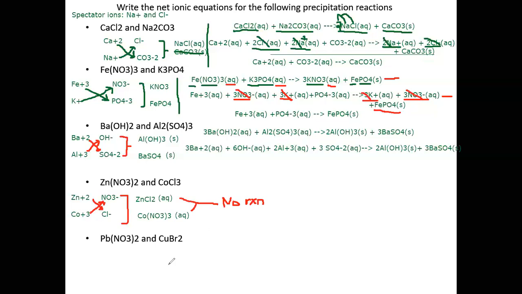Now we get to the last example. We have lead nitrate and copper 2 bromide. So again, we're going to break apart two compounds. And we're going to switch the cations to form two new products.